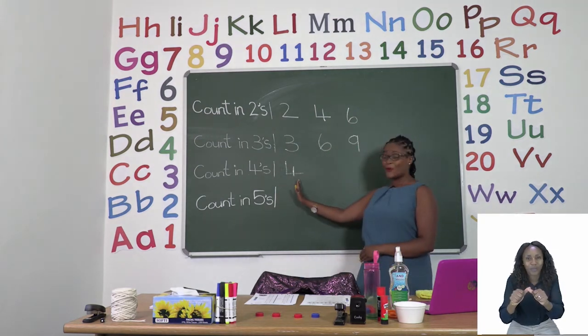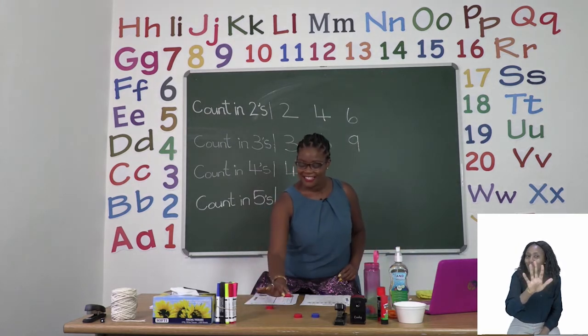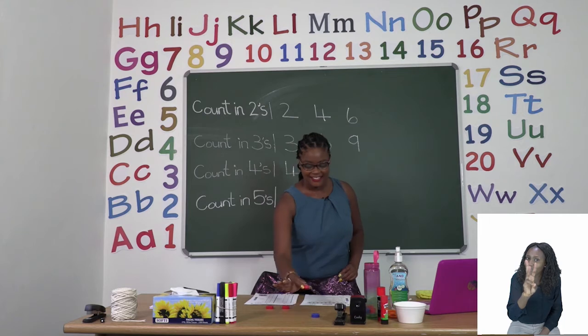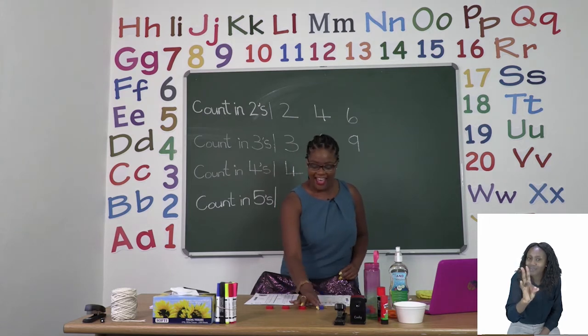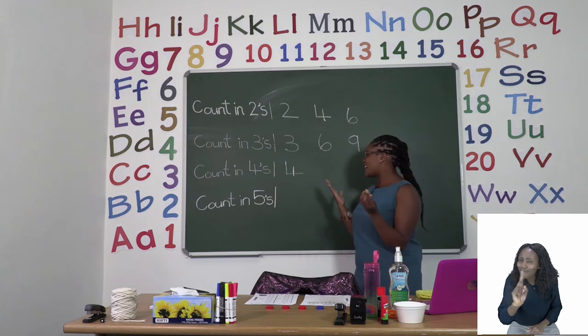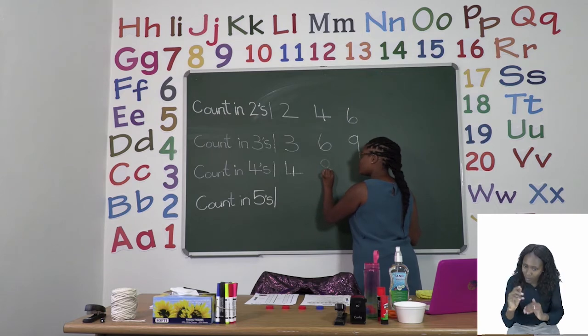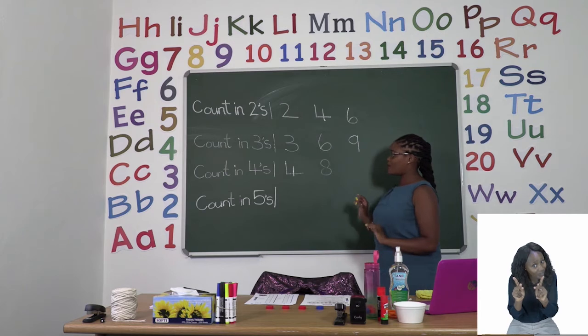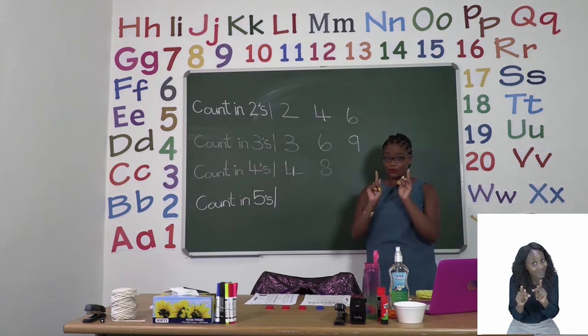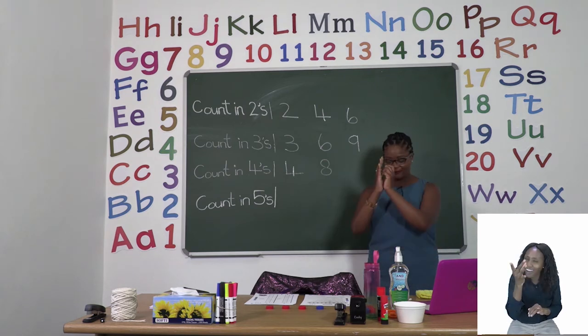We have 4, 5, 6, 7, 8. So we are going to write which number? Yes, we're writing the number 8. Make sure that your 8 looks beautiful, grade 3s. Sometimes our 8s look a bit funny, but try hard to make sure that you shape your 8 nicely.